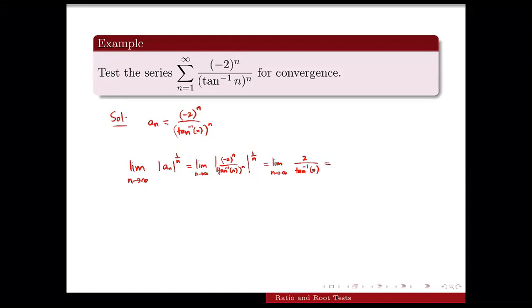So this will be equal to 2 over pi over 2, or this is equal to 4 over pi. Pi is approximately 3.1415, etc. It is less than 4. So 4 over something less than 4 will be greater than 1.